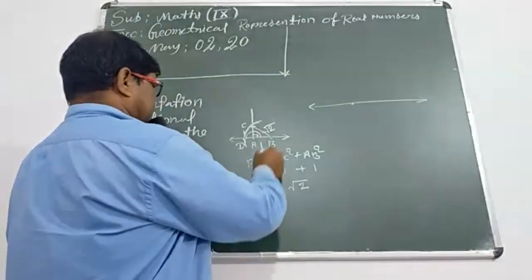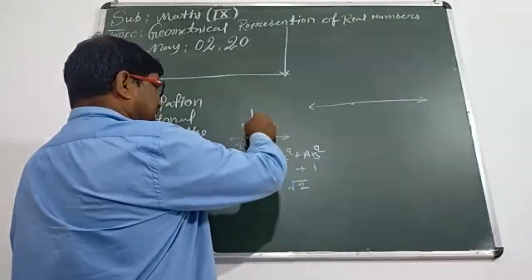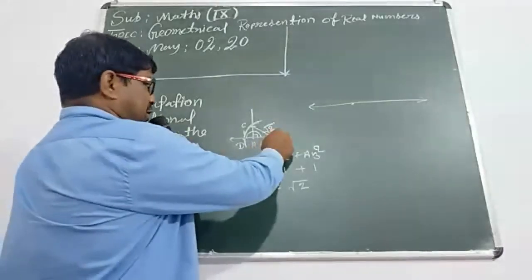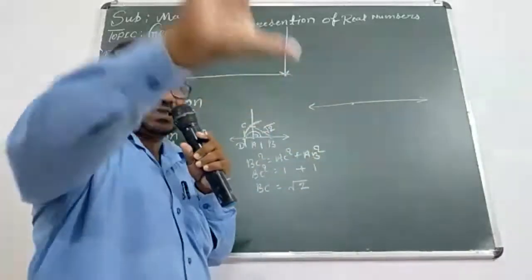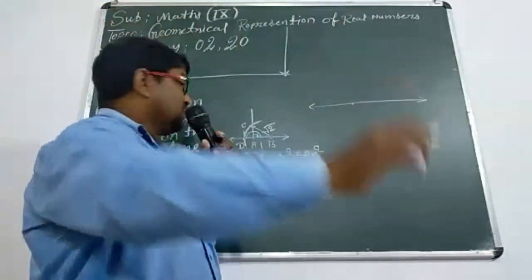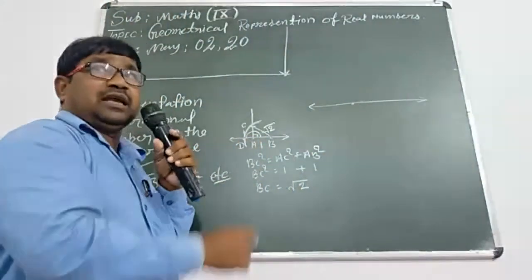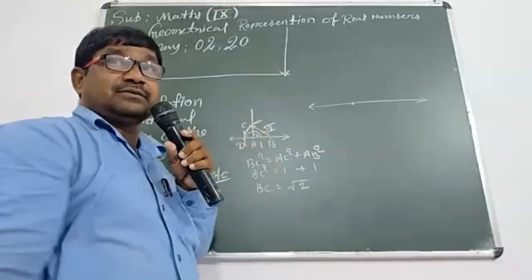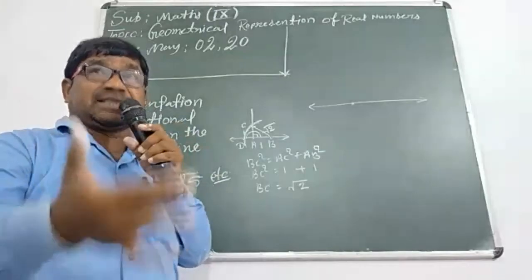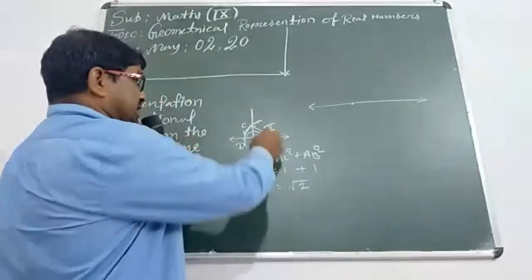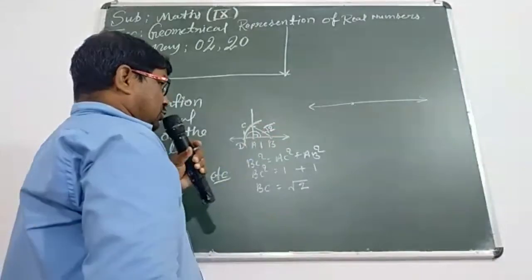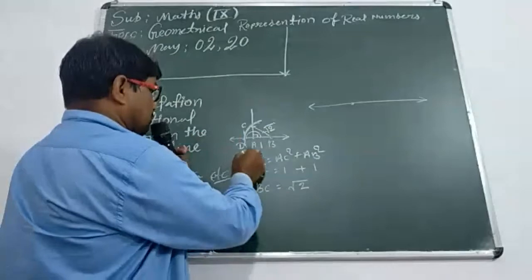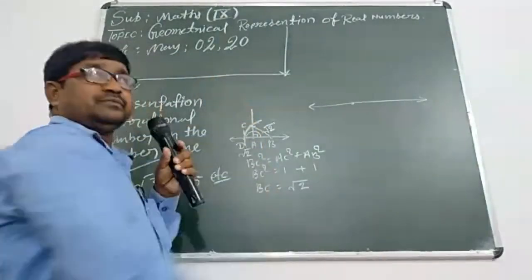So can you guess measurement of BC equal to measurement of BD? Measurement of BC, what is this? This is the radius taken by you. Measurement of BD equal to measurement of BC because this is a circular arc. Radii from the same circle, they are equal. If measurement of BC is under root 2, then measurement of BD also under root 2. So we will write here under root 2.